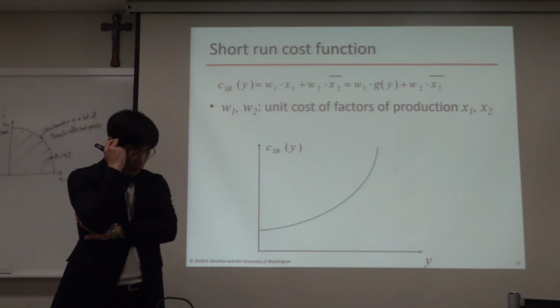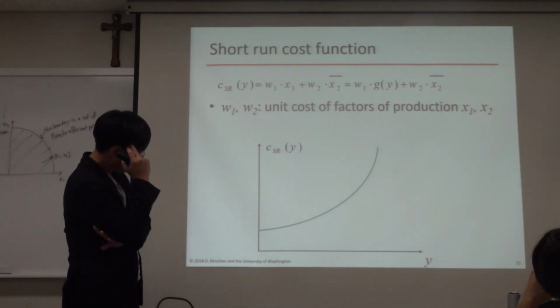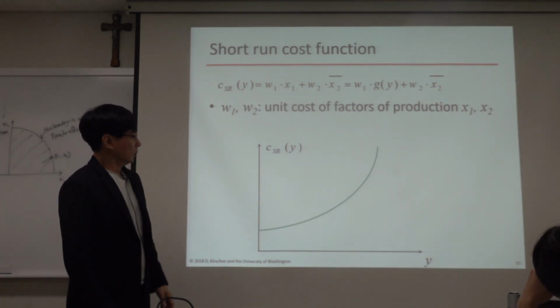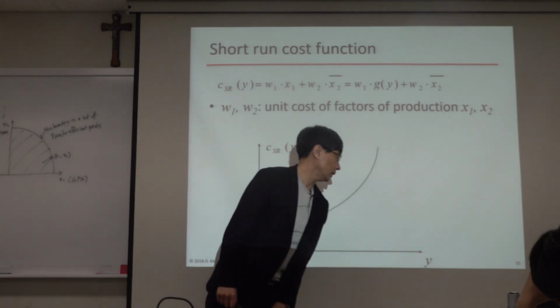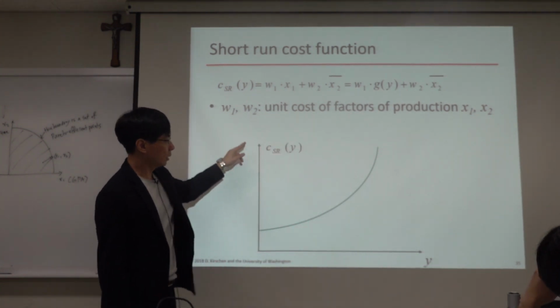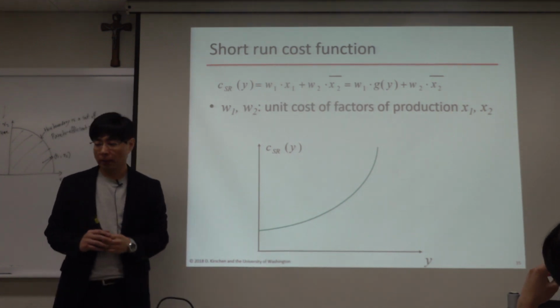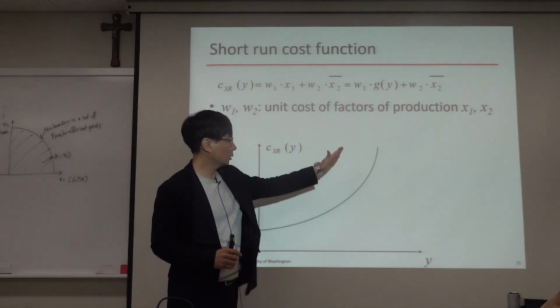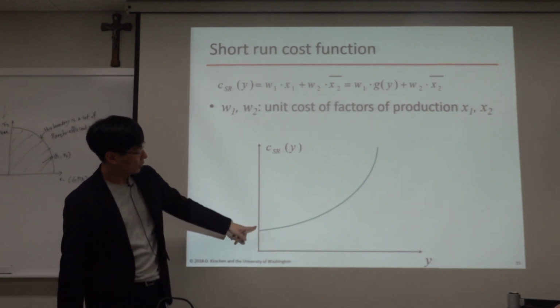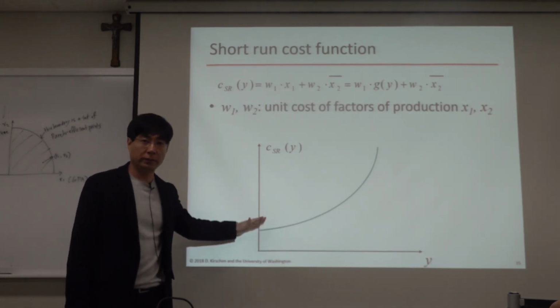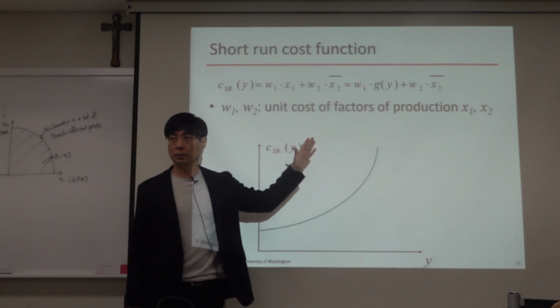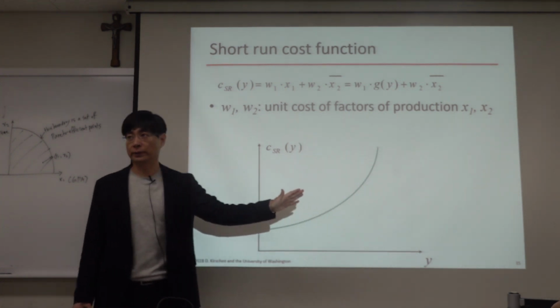Let's talk about short run cost. Again, quantity, output, and this is cost. SR means short run. As you see, this short run cost is a convex function. And when you take the derivative of this, the derivative is still an increasing function.